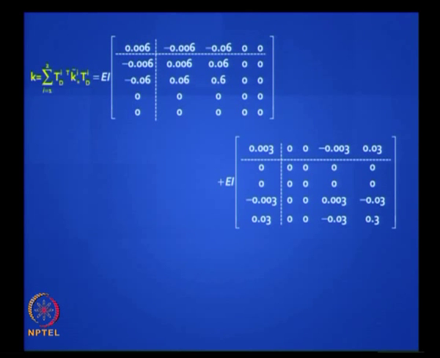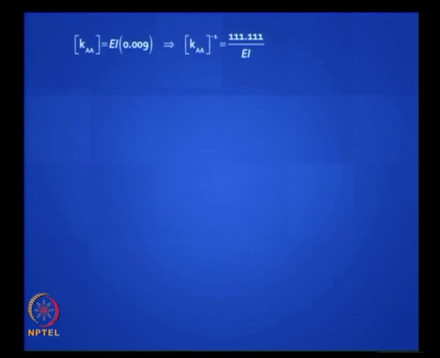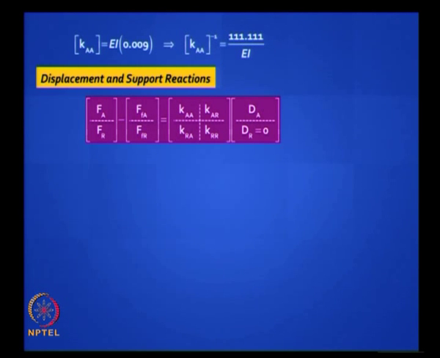You will get 2 contributions. The first contribution comes from the first element, second contribution comes from the second element, and you just add up, you will get the final stiffness matrix. K is 1 by 1, very easy to do. You can find the inverse, which is just a reciprocal. Same formulas, these are now looking very, very familiar, there is nothing great in all this.